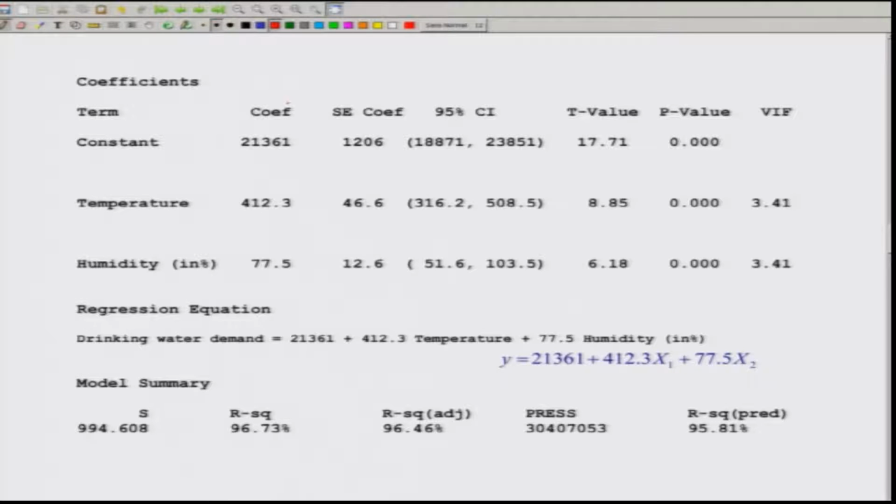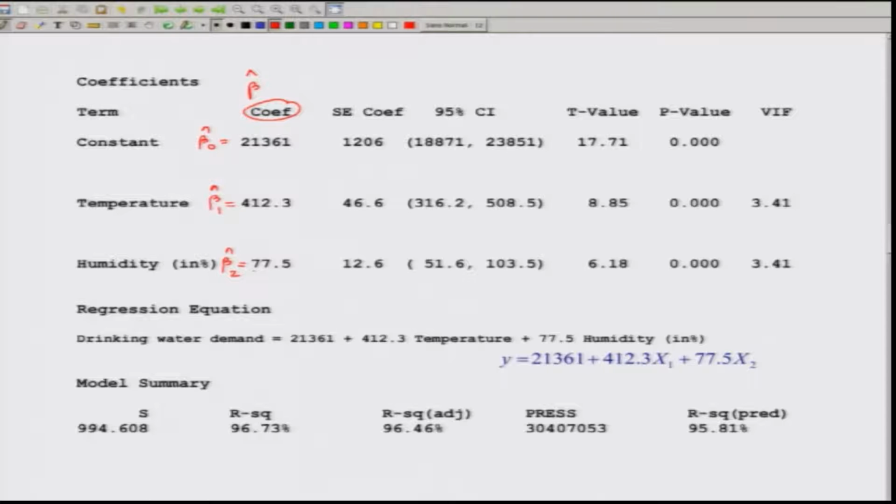So, this coefficient is nothing but your beta hat vector. This is beta hat 0, the constant. Constant means the estimator of the intercept term, and temperature means the regression coefficient corresponding to the independent variable temperature, x1, and similarly this is the value of beta 2 hat which is associated with the second independent variable, humidity.